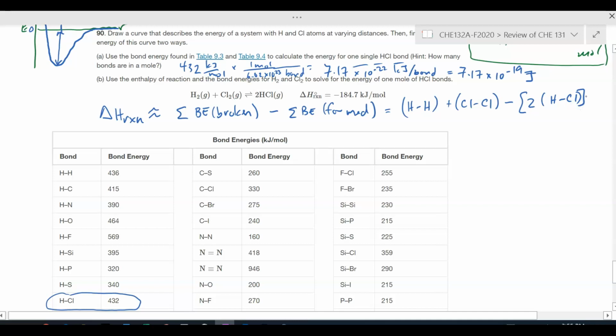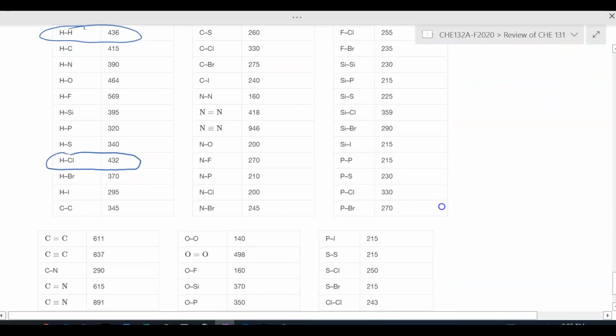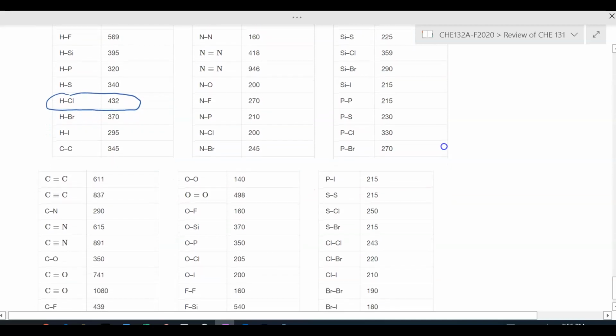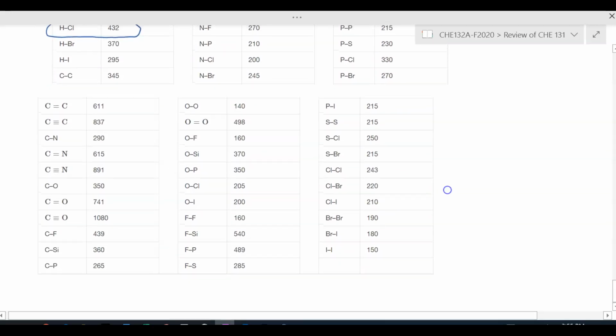That is equal to, we're already given the answer for the whole thing, negative 184.7. Now, if we look on our chart here, H-H is 436, and Cl-Cl is, I thought I had it down here somewhere. Here we go, Cl-Cl is 243.